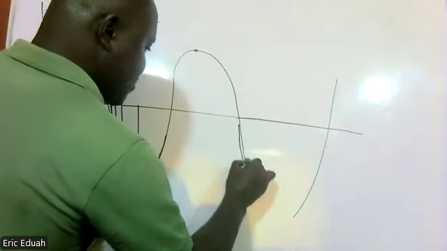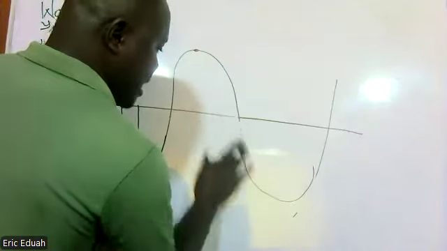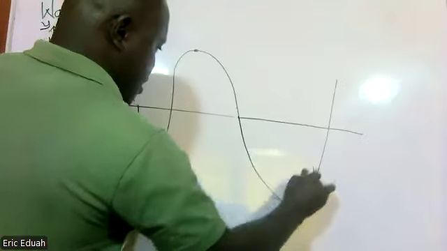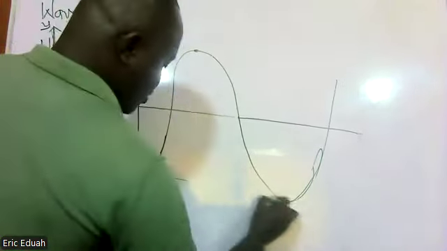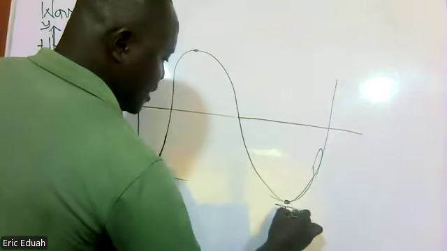A simple harmonic wave must have the same amplitude. So whatever is here should be here too. So we have trough here, trough here.